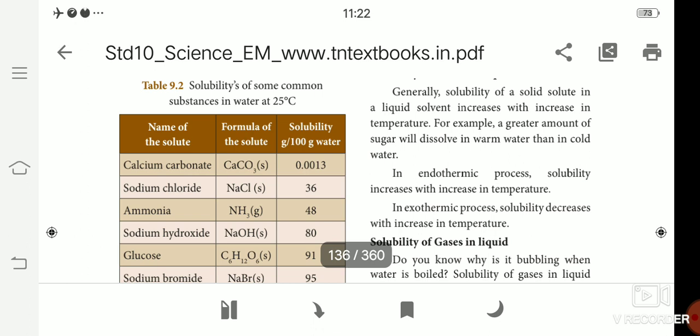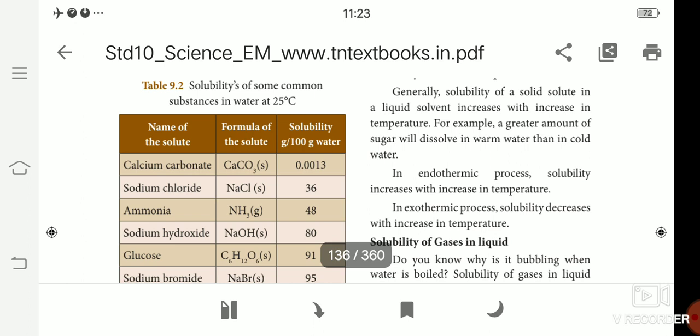The chemical rule is that like dissolves like. The nature of the solute and solvent can be polar or non-polar. A polar compound has positive and negative charges. For example, sodium chloride, NaCl, is a polar compound: Na is positively charged and Cl is negatively charged. These charges are attracted to a polar solvent.